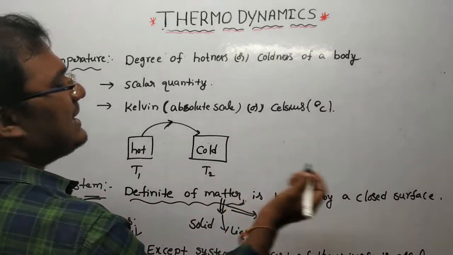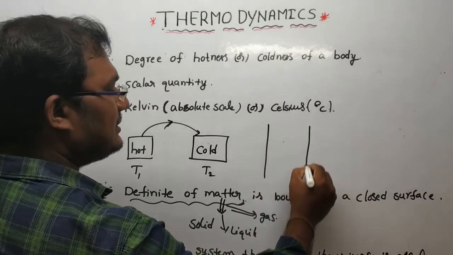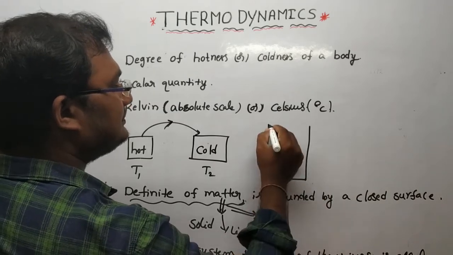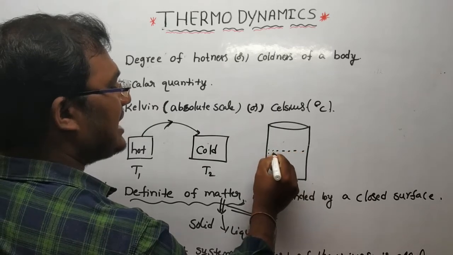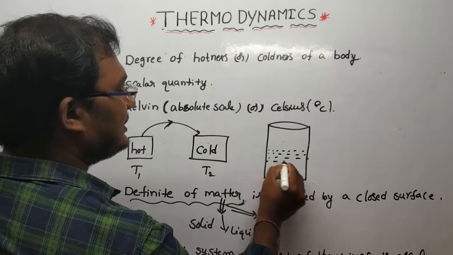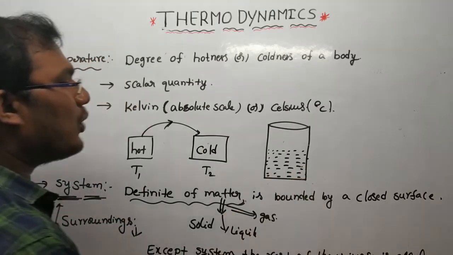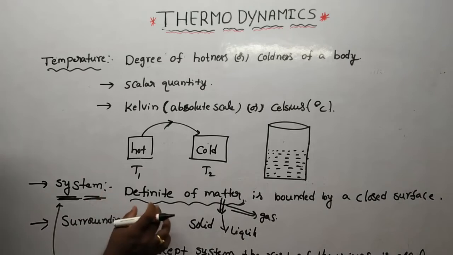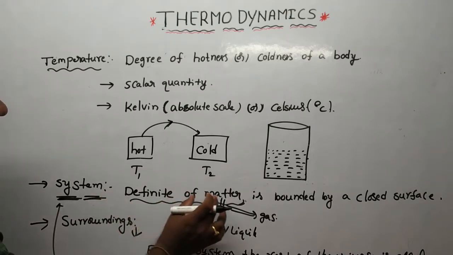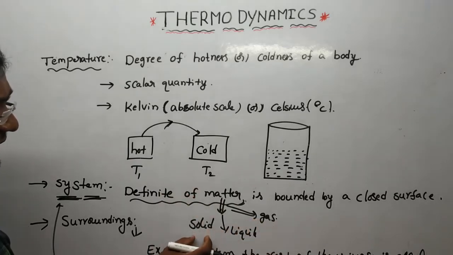For example, consider a cylindrical vessel in which some gas is filled. In this situation, what is the system and surroundings? According to the system definition, a definite quantity of matter, that may be a gas, solid or liquid.